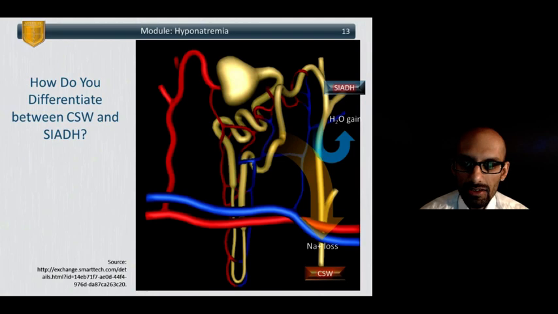So your patient tends to be hyponatremic, but also hypovolemic because of that water loss. Whereas with SIADH, which can also occur with brain trauma, brain injury, and status post neurosurgical surgery, when you have an inappropriate release of vasopressin from the pituitary, you get a net free water gain through those aquaporin channels in the distal collecting duct. In that case, you have a dilutional hyponatremia, but your patient tends to be hypervolemic.